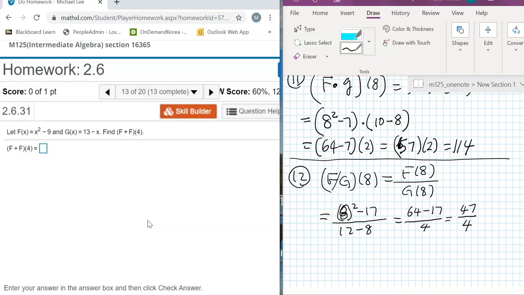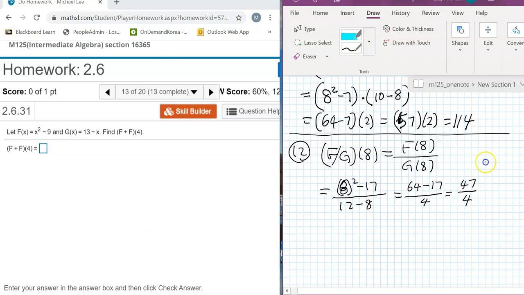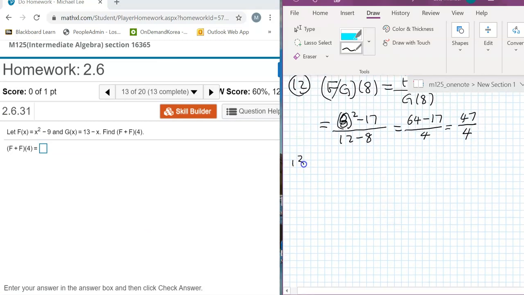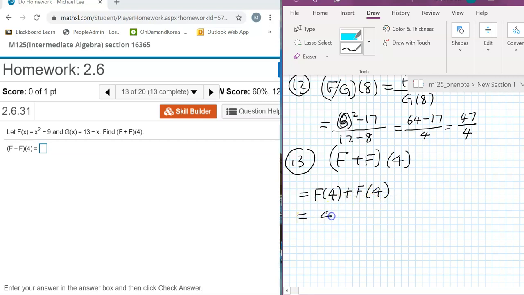Okay. Let's do number 13. So 13 is f plus f of 4. That means f of 4 plus another f of 4. So what is f of 4? 4 squared minus 9, plus the same thing, 4 squared minus 9.